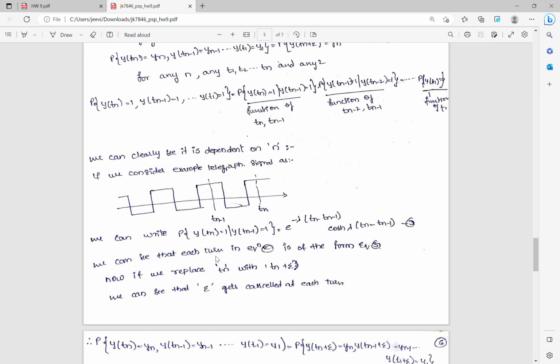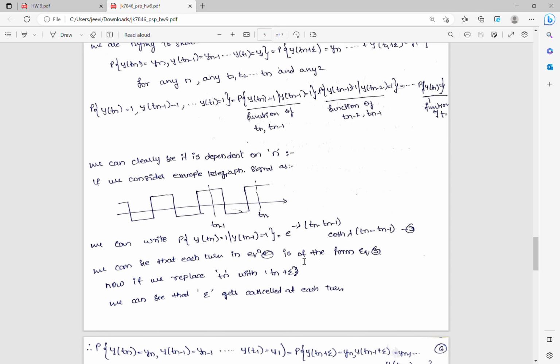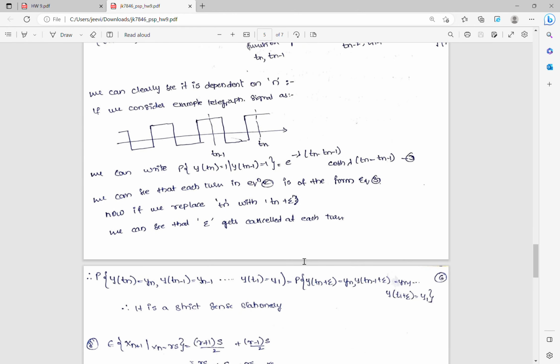We can see that each term in equation 2 is of the form of equation 3. Now if we replace tn with tn plus epsilon, we can see that all the epsilons cancel each other.